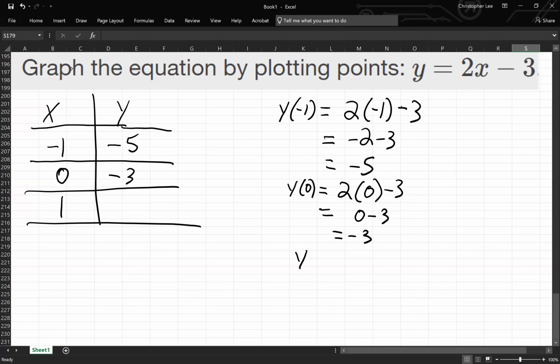And then y of 1 is going to become 2 times 1 minus 3. Call that 2 minus 3. That becomes what? Not 1. 2 minus 3. -1. There we go. And that's it.